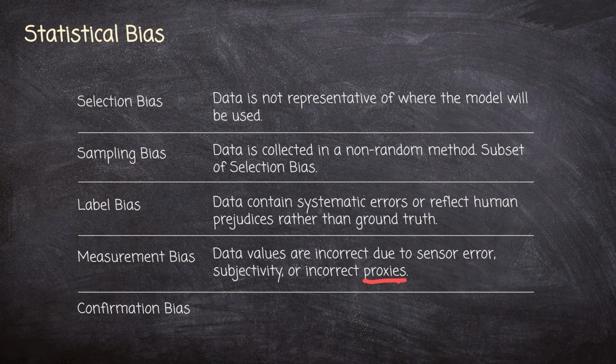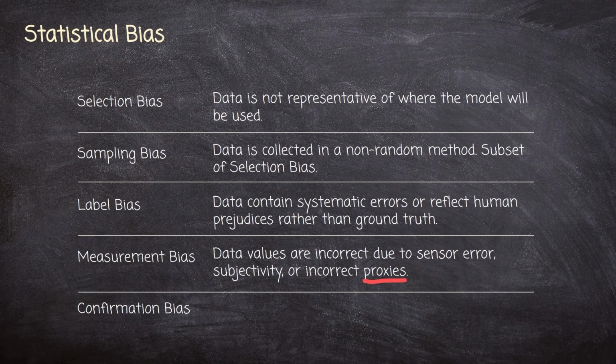So we can use one attribute and say, okay, if this attribute exists, then it means that this other thing exists as well. That is common in machine learning when you don't have access to that other attribute, for example. You can use proxies, but you have to be really, really careful, and you'll see why in the examples that I give.